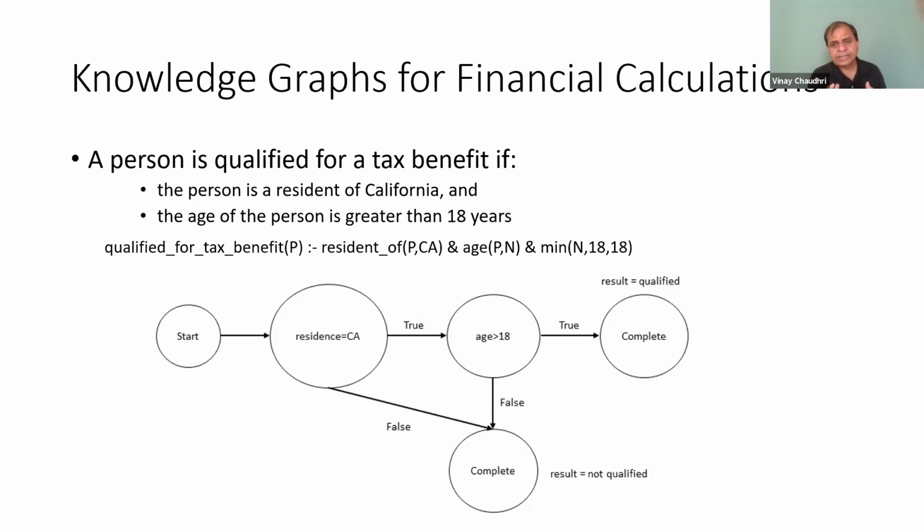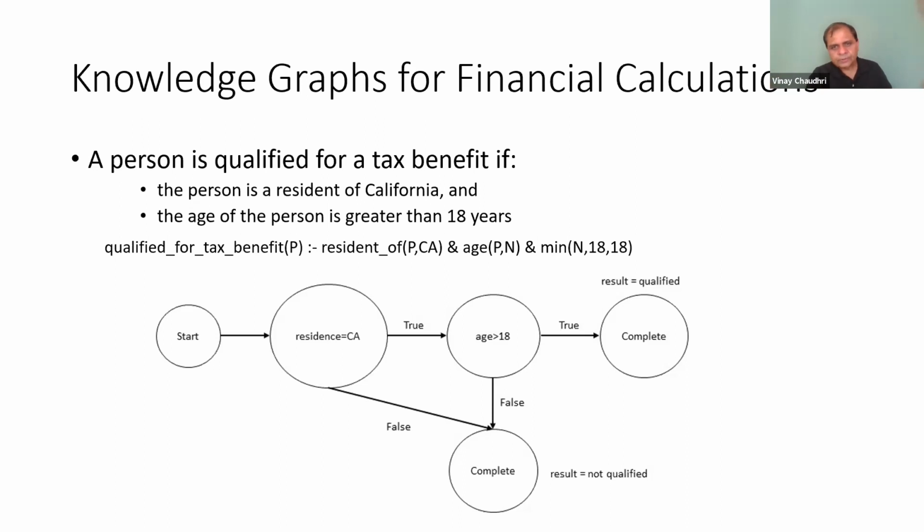Now, I should say that some people would argue and debate whether what you're seeing on this screen is actually a knowledge graph. I mean, sure, it is a directed labeled graph, but in terms of capturing the semantics of the application, it is actually capturing the execution of a set of rules, right? It's not capturing the data graph, or the taxonomic structure of the application.